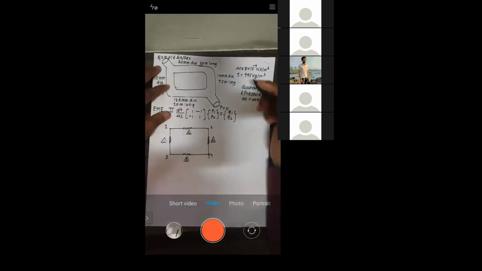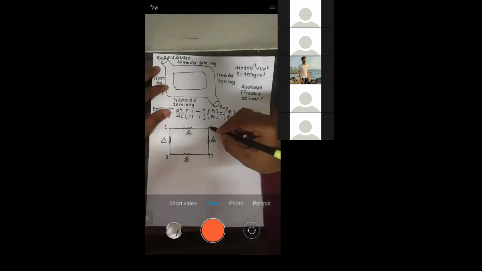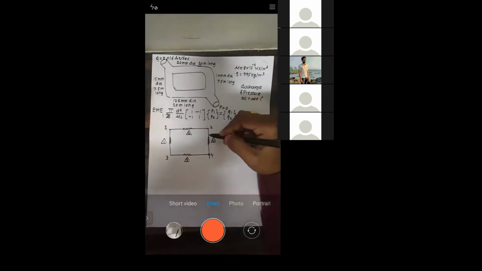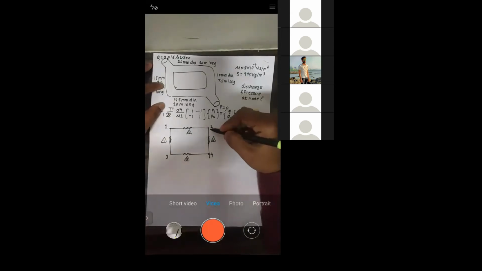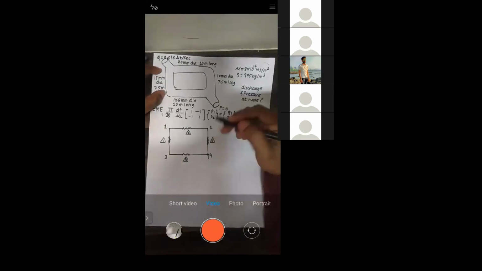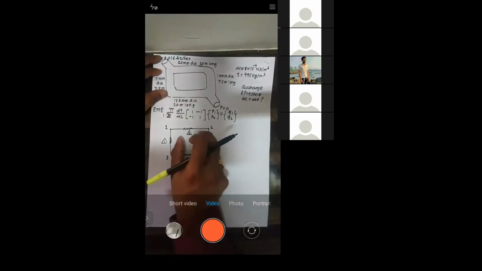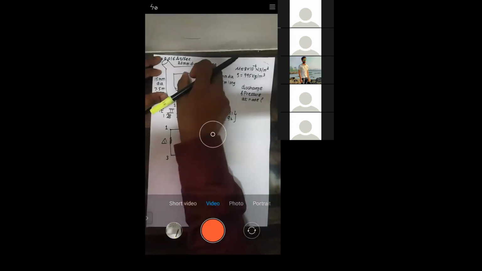See, what is basically a node? Where the direction of flow is changing, I'm not changing the node. I'm changing the node where elements are connected. If you see element number 1, why am I calling this element number 1? Its diameter and length are different. If you see element number 2, its diameter is different and its length is different.